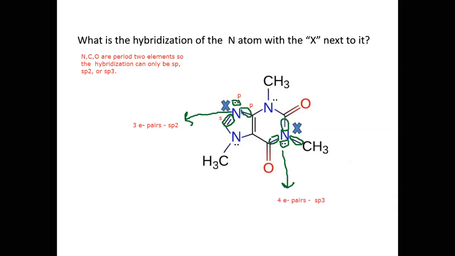If we do our little shortcut, we see we have sp3. And so that's how you determine the hybridization for those elements that are in compounds with more than one central atom.